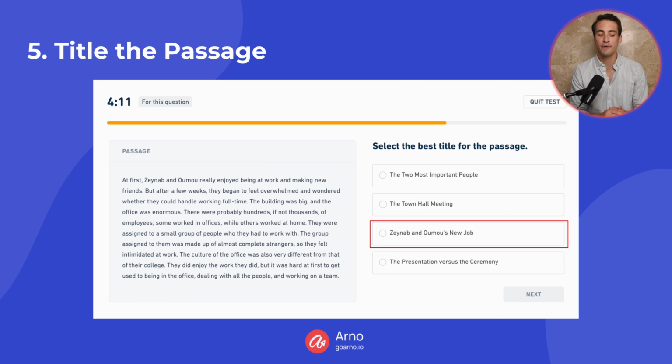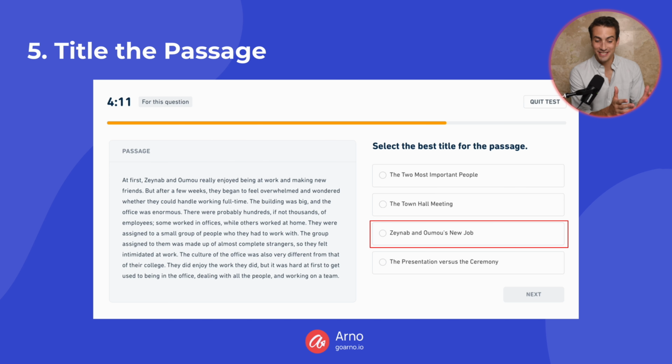What about Zainab and Omu's new job? Well, this option has Zainab and Omu, which is good because those are the main characters of the passage. And it says it's their new job. Well, that's exactly what the passage talked about. It talked about Zainab and Omu's experience starting to work, their experience in their new job.